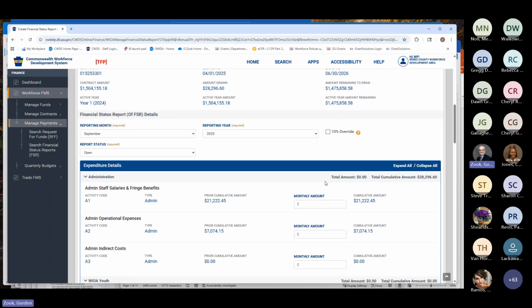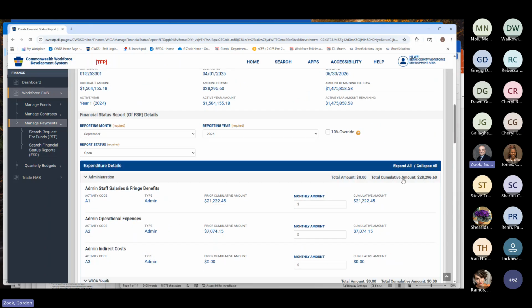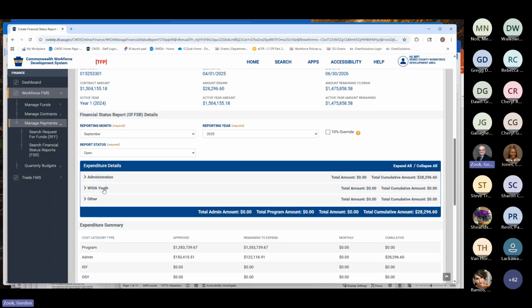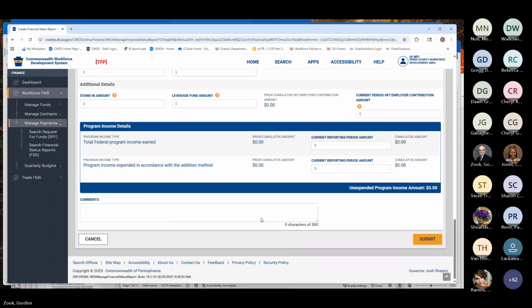The default is to show all of the available expenditure categories. You can collapse it here for easier reference. And of course, just enter in the correct information, and when you're done, you hit submit.